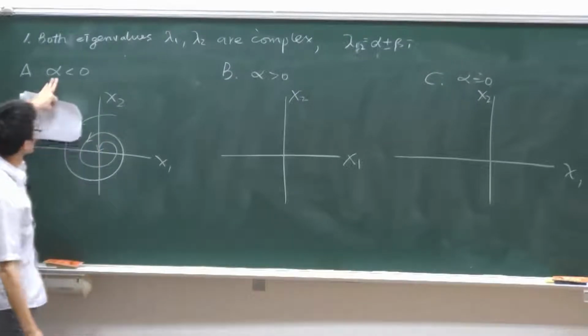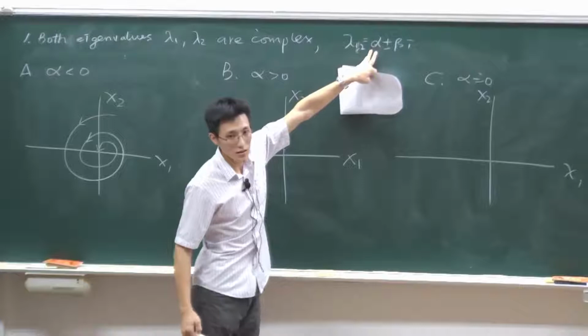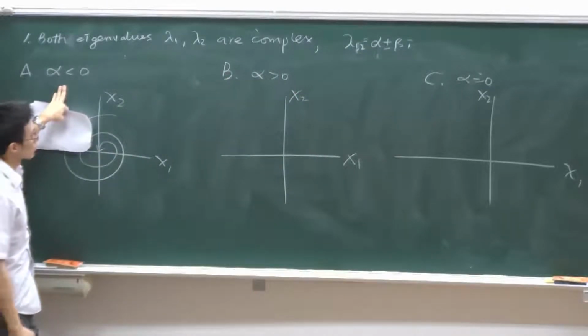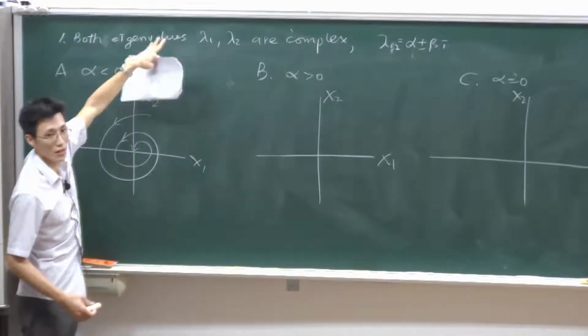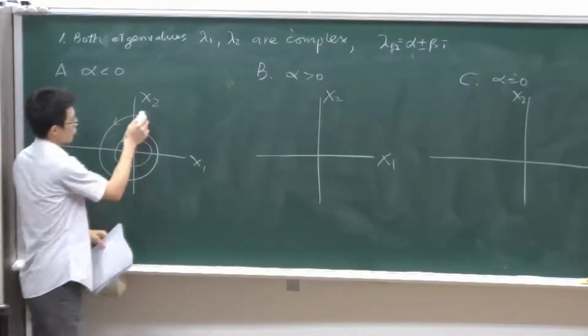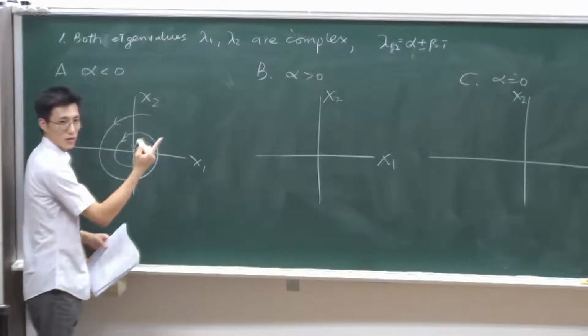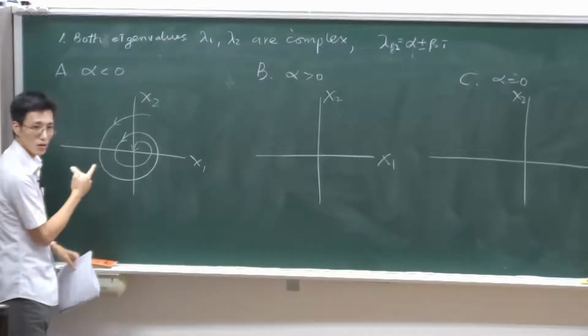So if the real part is negative, it's stable. The difference between complex and the previous real case is that you will see the spiral phenomenon for the complex case, but it is stable.